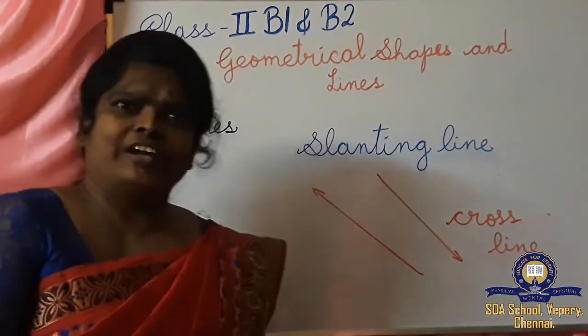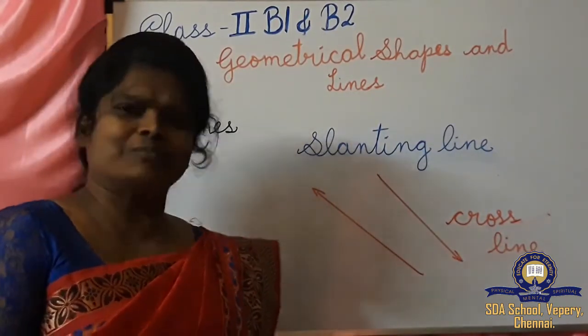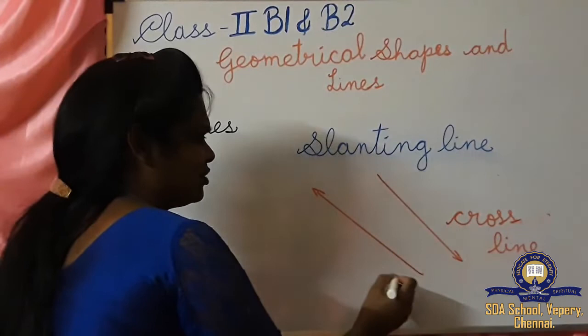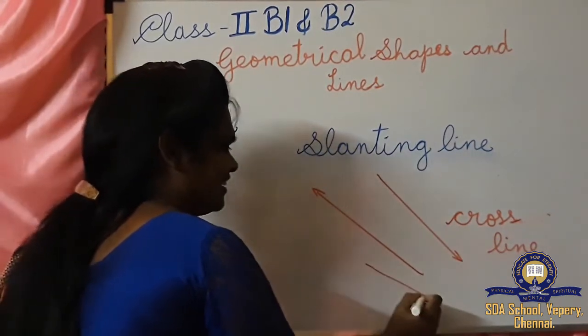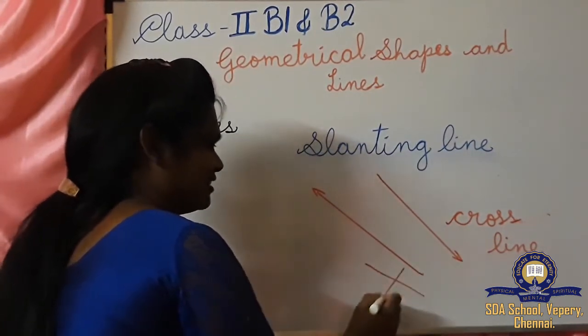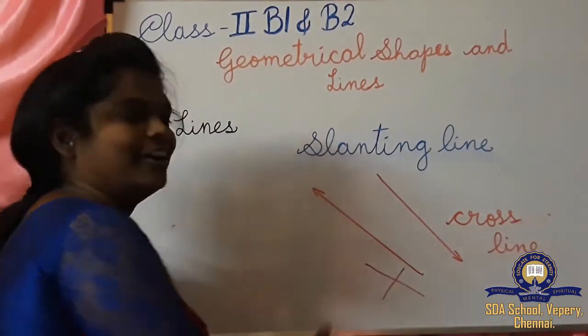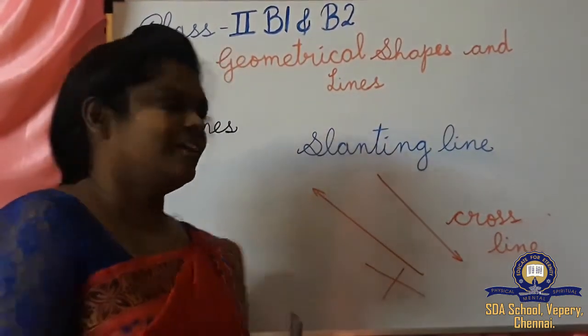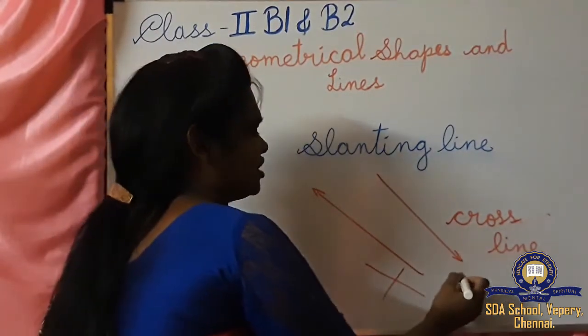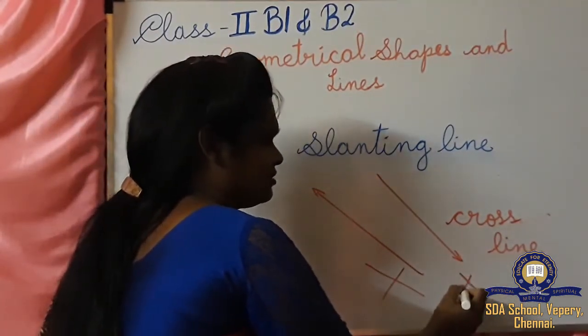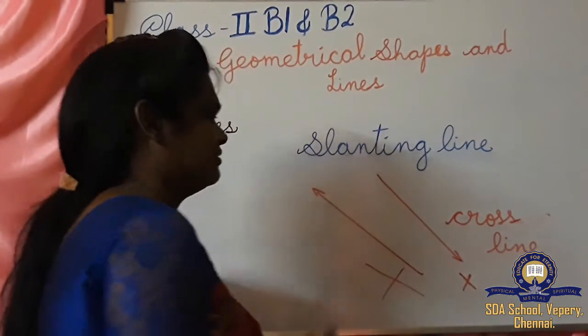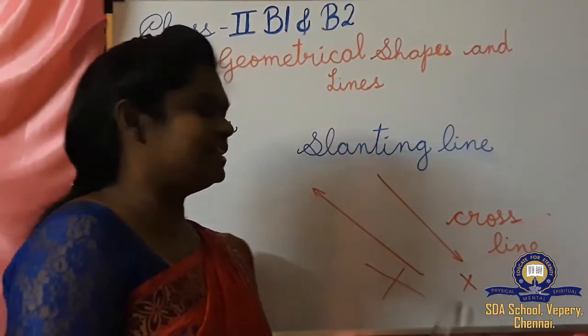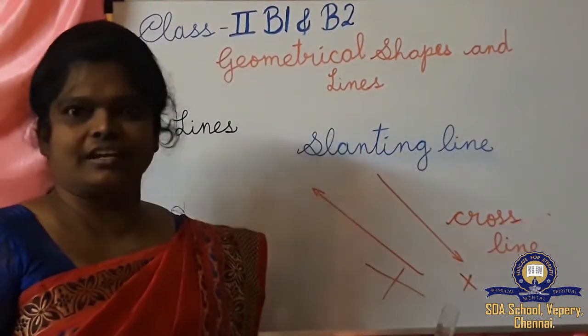Yes, when you write the question answers wrong, what will Miss do? She will put one slanting line from up to down. What will we call this? Wrong. The other place in maths where we use it is the multiplication tables. In the multiplication table, the slanting line comes with the two cross. So that is why they say it's a cross line.